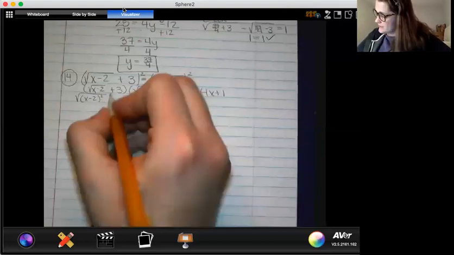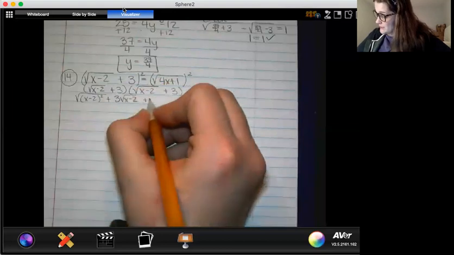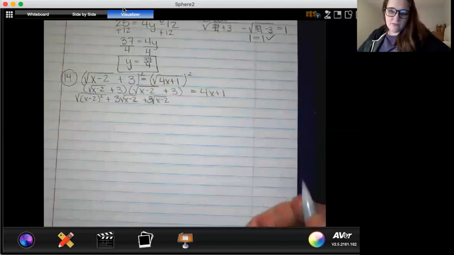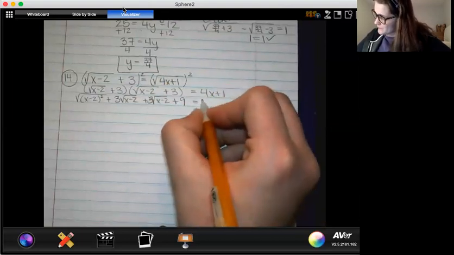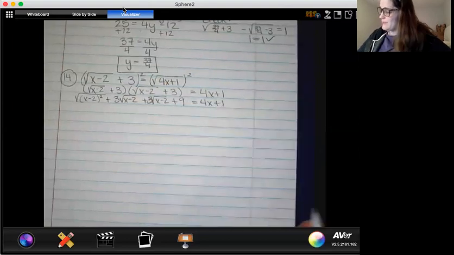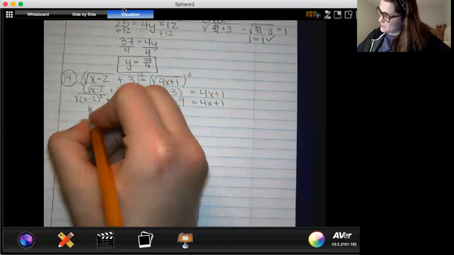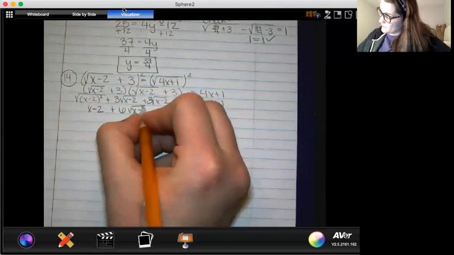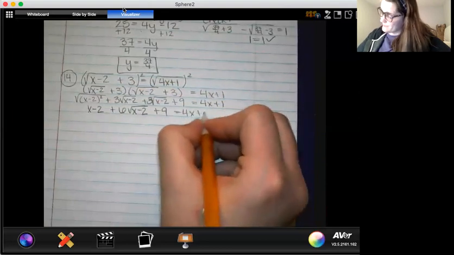Plus 3 square root of x minus 2 plus 3 square root of x minus 2. I said it, I didn't write it. My apologies. Plus 9 equals 4x plus 1. Okay, simplify and combine like terms. So x minus 2 plus 6 square root of x minus 2 plus 9 equals 4x plus 1.